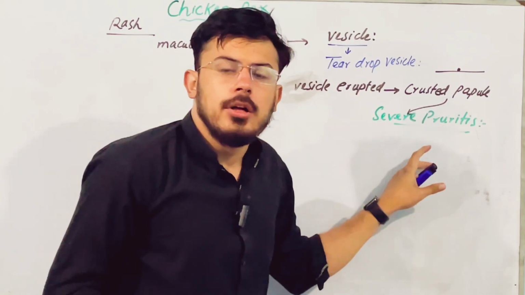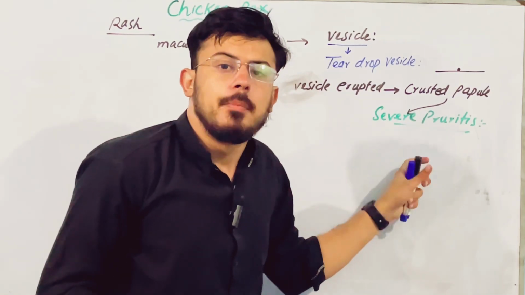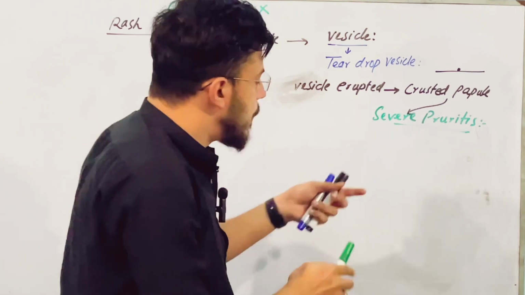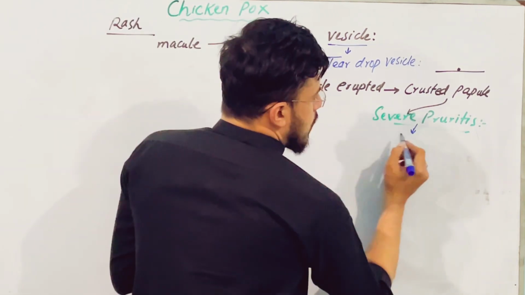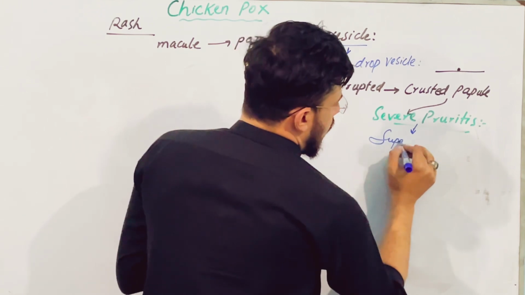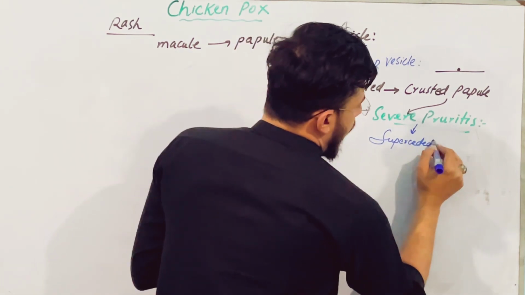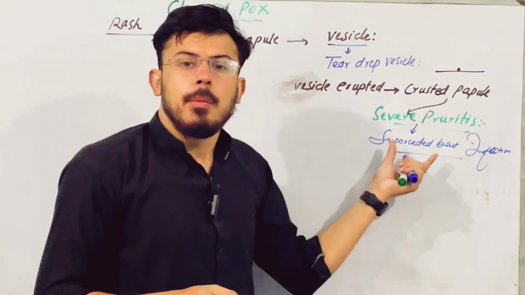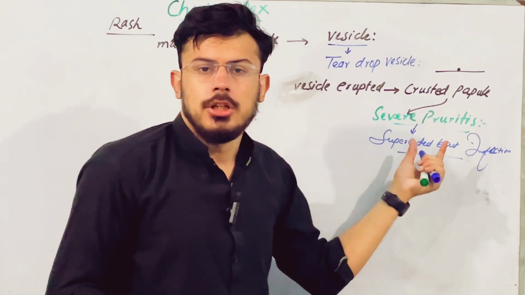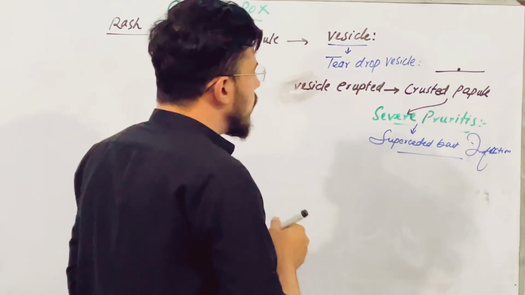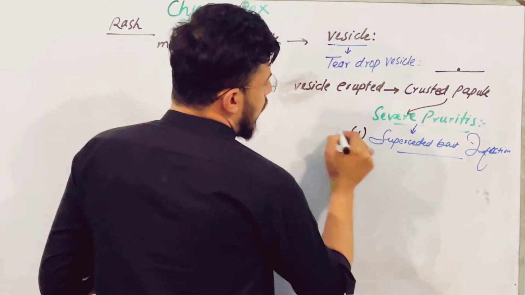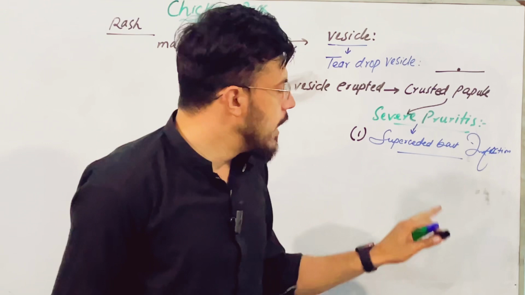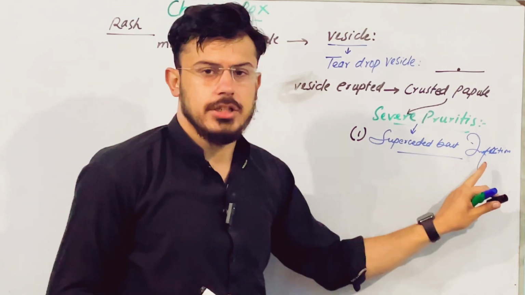Upon scratching, the lesions erupt prematurely, and superimposed bacterial infection occurs. Superimposed bacterial infection is the first main complication of chickenpox. It's very important to keep in mind that the most common complication of chickenpox is superimposed bacterial infection.